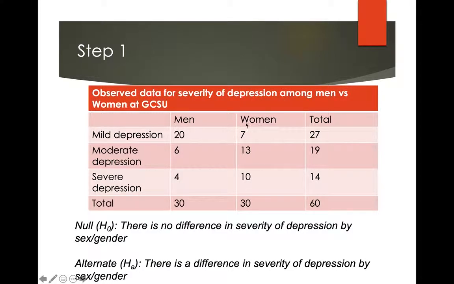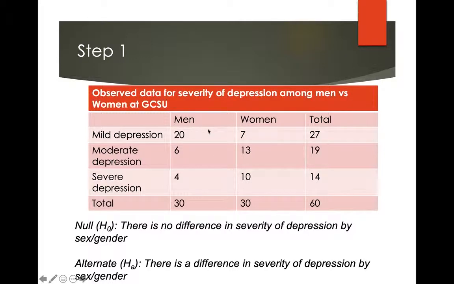On the female side, we have 7 women who are mildly depressed, 13 women moderately depressed, and 10 women who are severely depressed. What I want to find out from my two-way chi-square test is if the frequency in each of these categories differs between men and women.